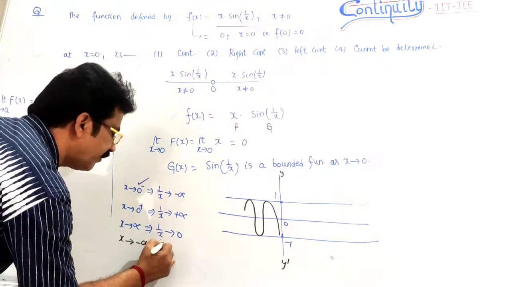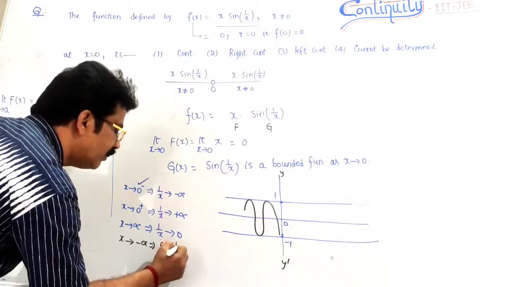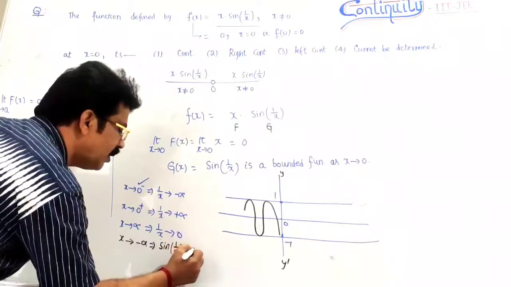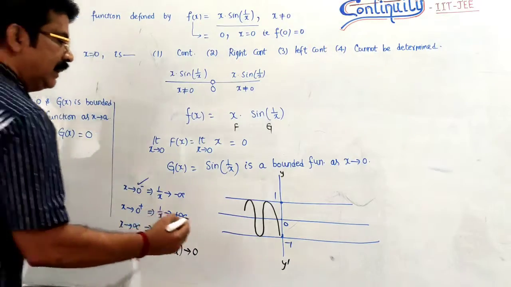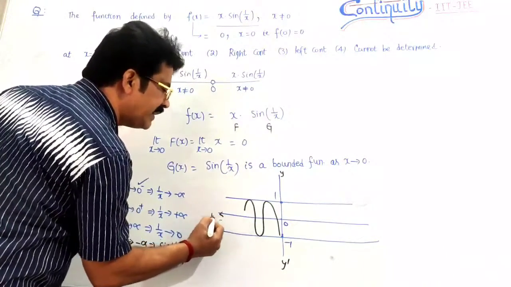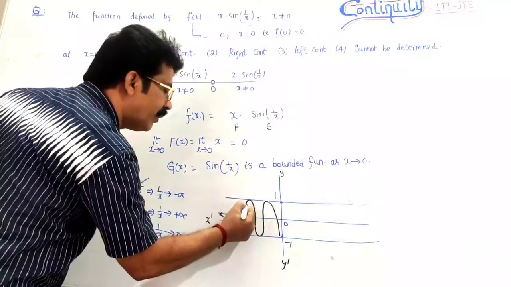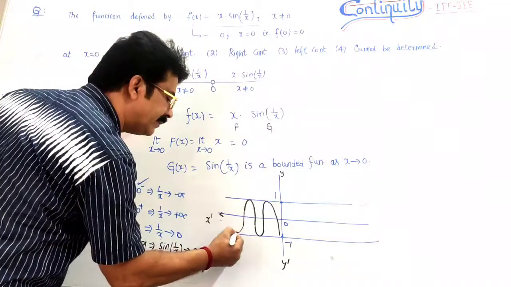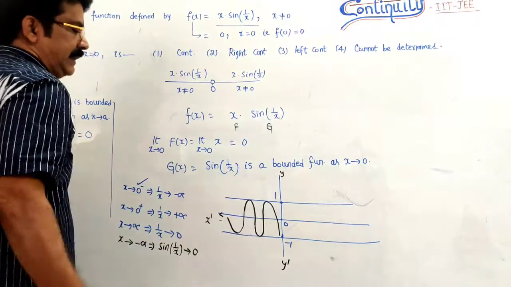So sine of 1 by x will tend to 0 like that. So this is x dash, the minus infinity area. Therefore gradually it becomes 0 like that.